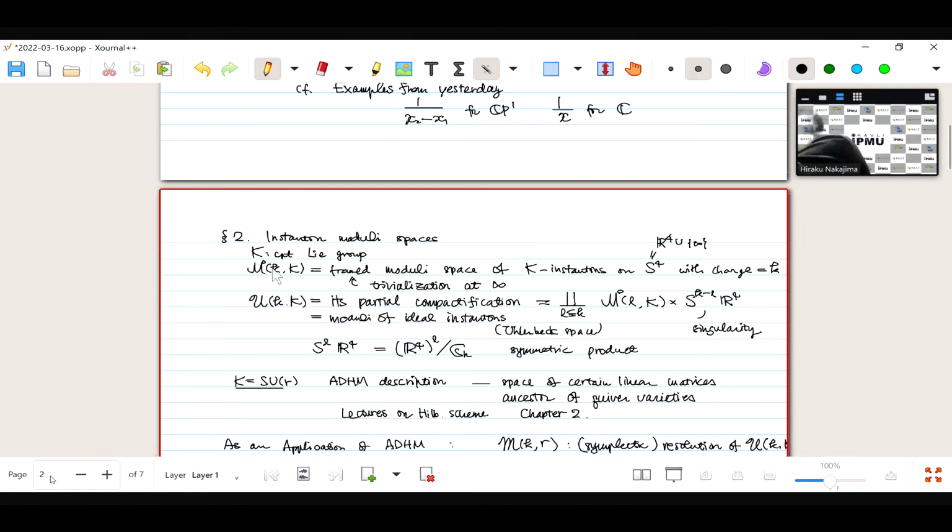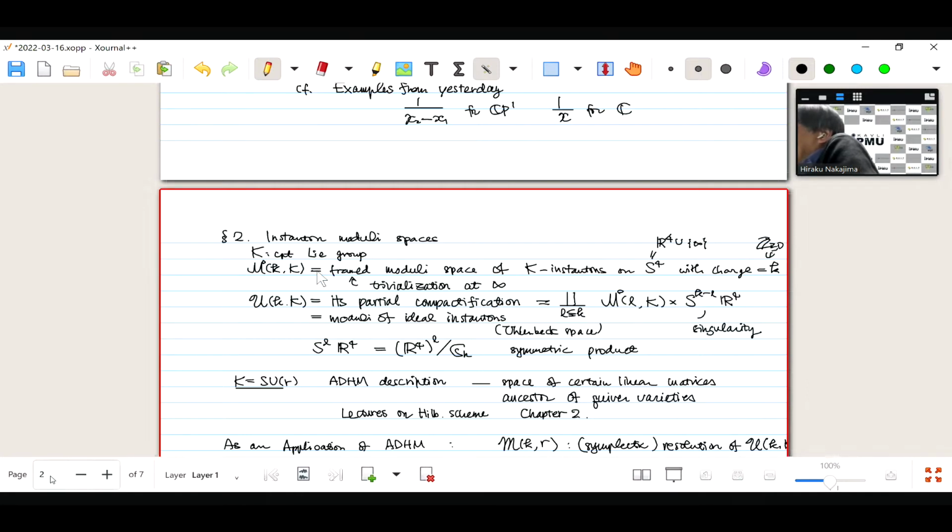Depending on two data. First, k is a non-negative integer, sorry. And K is a Lie group. I always fix the Lie group. So this is some space.